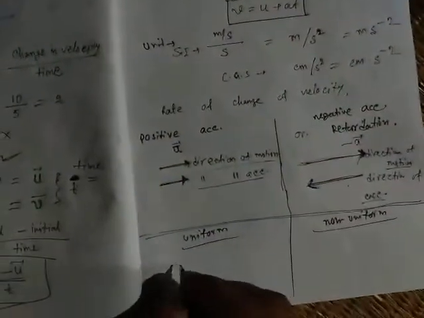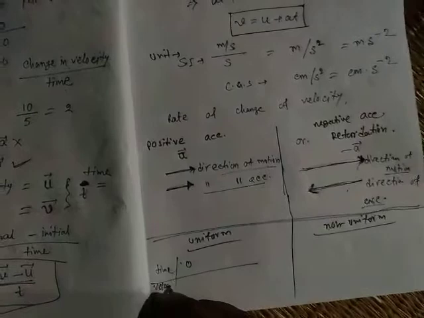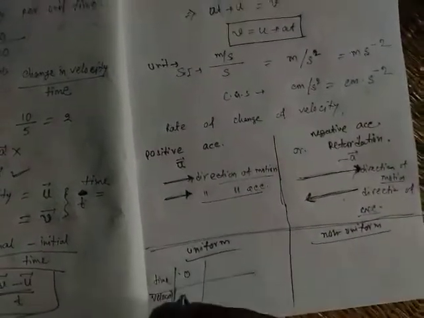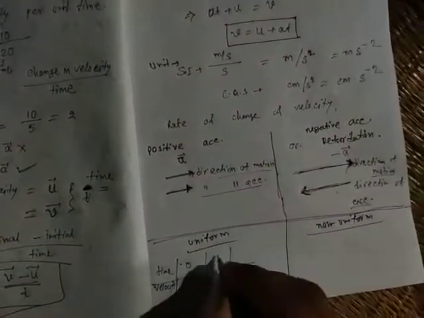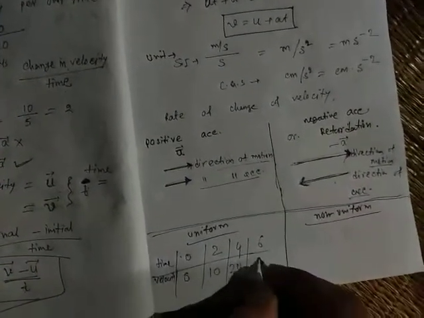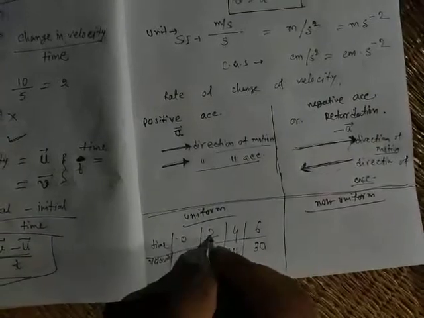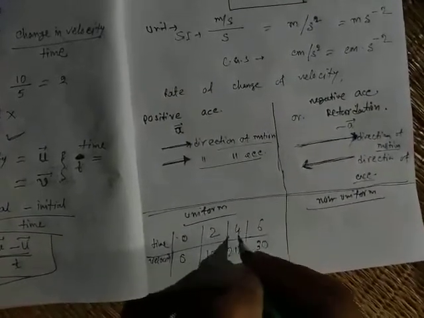Suppose at time 0, velocity 0, that means initially at rest. At time 2, velocity 10. At time 4, velocity 20. At time 6, velocity 30. See, here the time intervals are 2, 2, 2: 0 to 2 is 2, 2 to 4 is 2, 4 to 6 is 2.